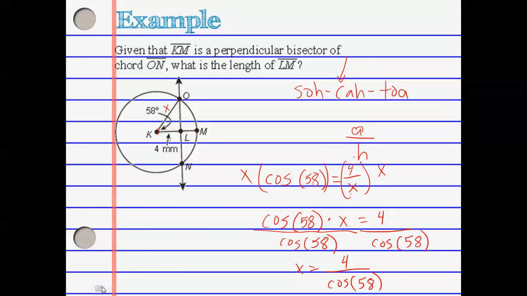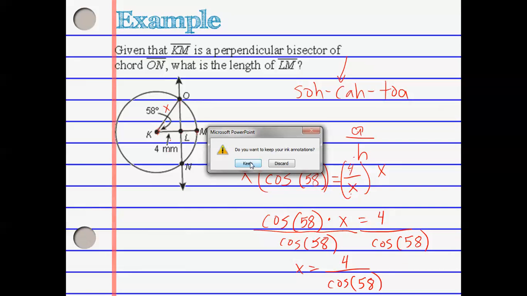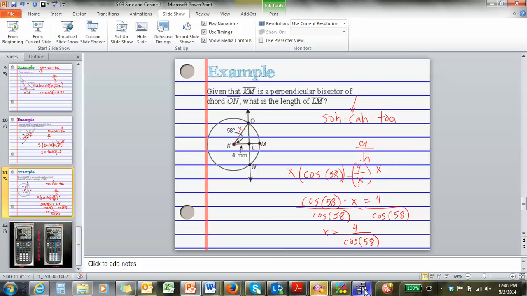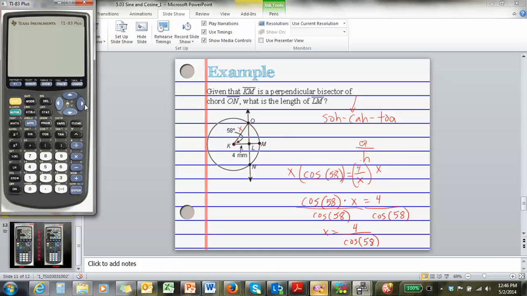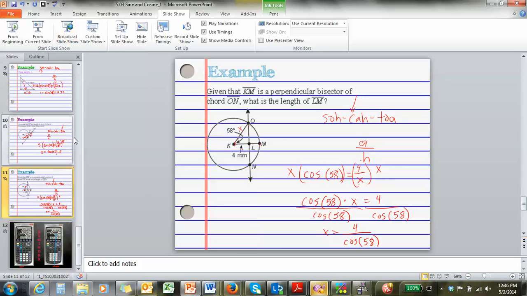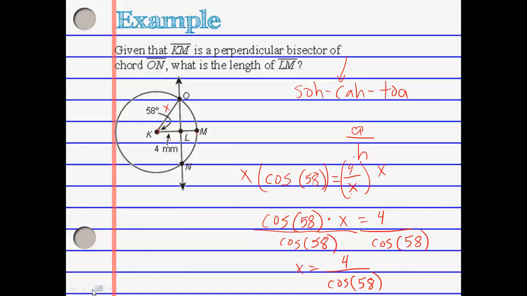That's what we have to put into our calculator to find the answer. You can just put it all in like that. We take 4 divided by cosine 58, and that gives us about 7.5. Remember, this is the hypotenuse.